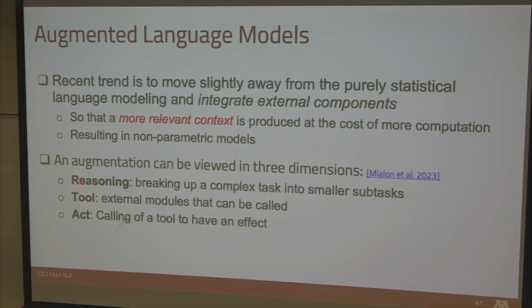So reasoning, tool, and act are 3 dimensions, and they're not necessarily exclusive to each other. Most of the time, they overlap. But it's a good dimension to have in mind when you read a paper on augmented language models.